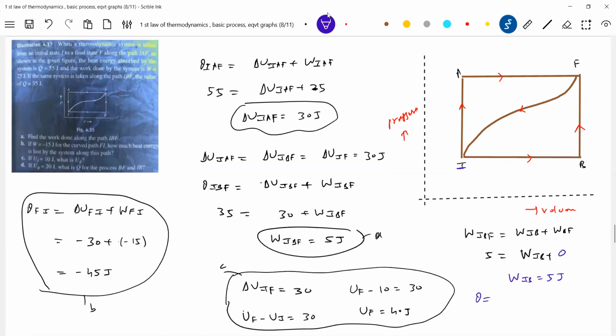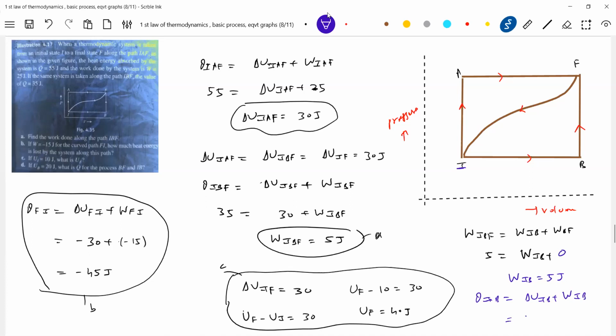So now you write it. Q_IB equal to delta U_IB plus W_IB. Do we know delta U_IB? We know only U_B. Do we know U_I? U_I is how much?